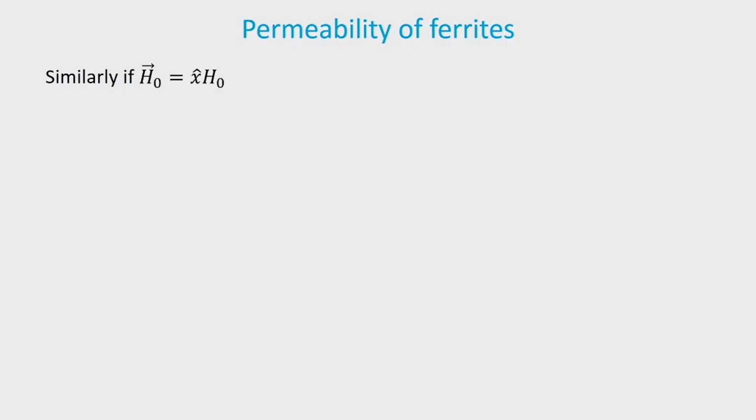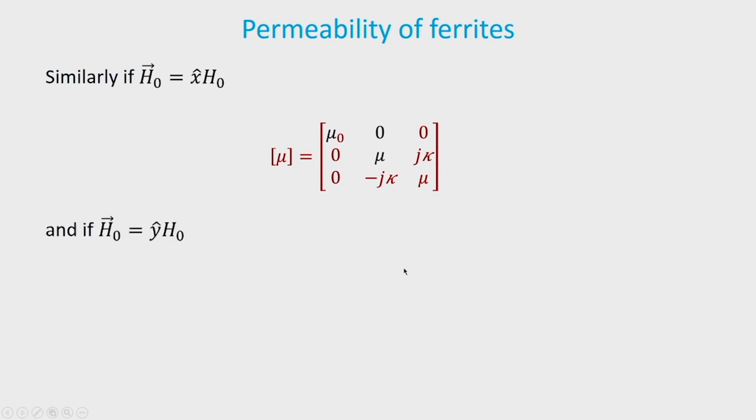If we change the bias, for example, if the biasing magnetic field is now placed along the x direction, then we will get mu to be equal to mu naught, 0 0 0 mu j kappa 0 minus j kappa mu.